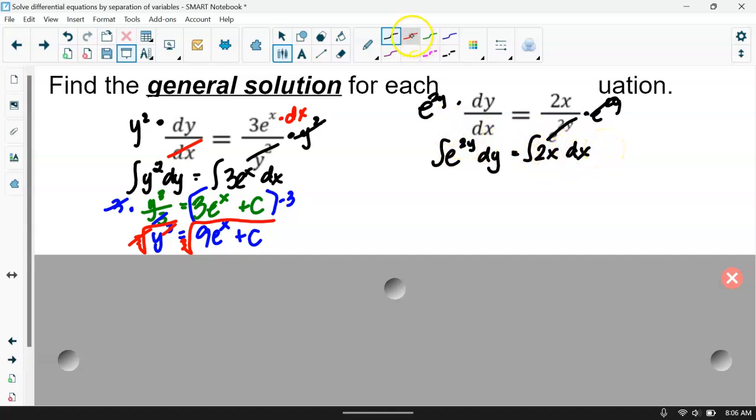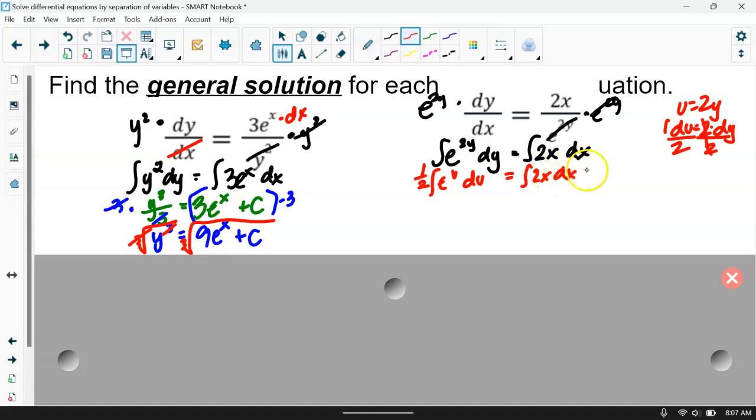Now notice, we have u substitution here. U is 2y, so our derivative du is equal to 2 times dy. We're going to divide by 2. So notice here, this is 1/2. So we have 1/2 times e to the u with respect to u is equal to still 2x with respect to x.